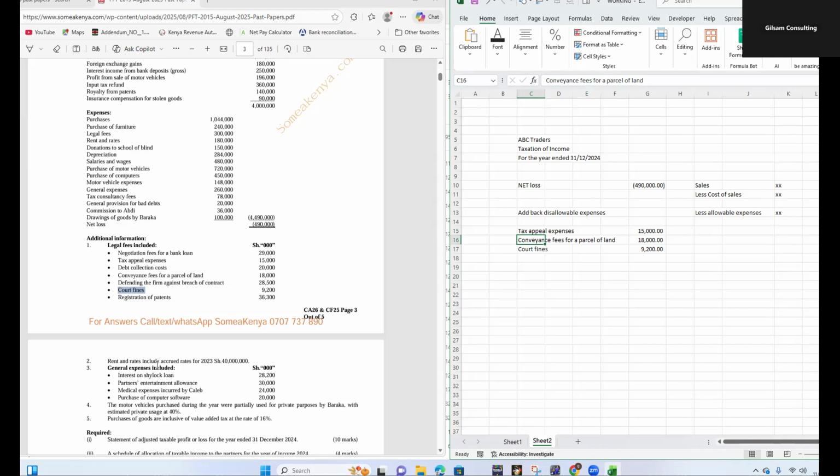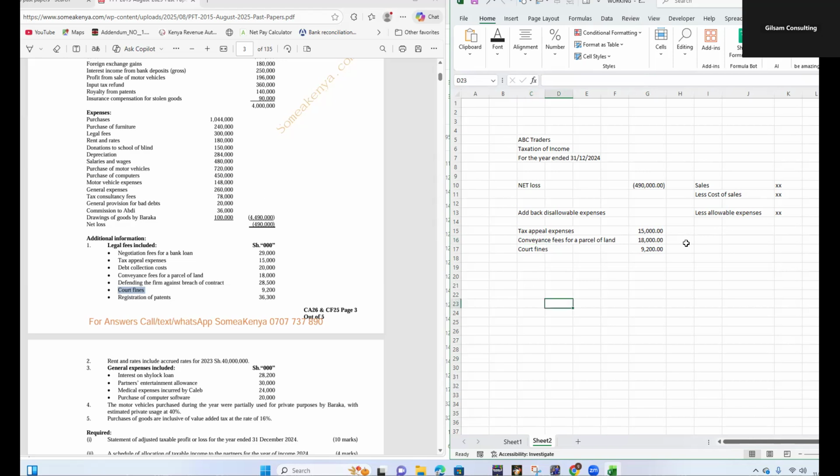Rent and rates include... how do we treat the allowable and disallowable? Do we treat the disallowable as debits or as credits? Do we subtract them? No, we are not taking it from the perspective of a debit or credit.